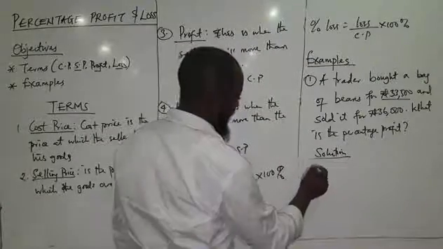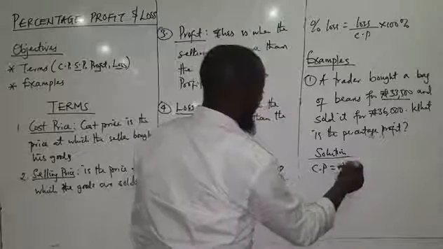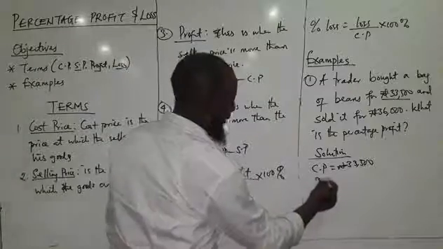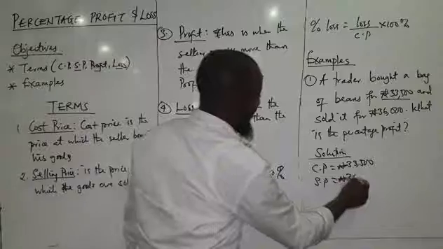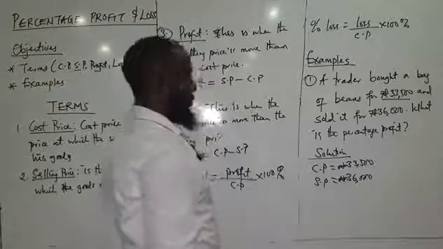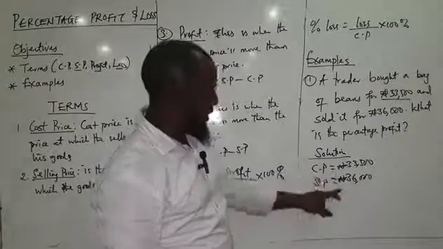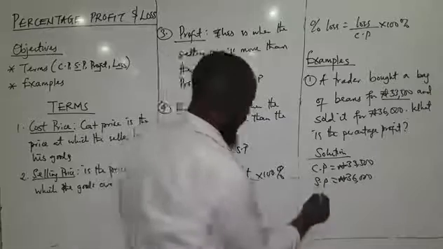So firstly, the cost price is 33,500. Then the selling price, which is 36,000 naira. So you can see from here that the cost price is less than the selling price. So therefore, there is profit.